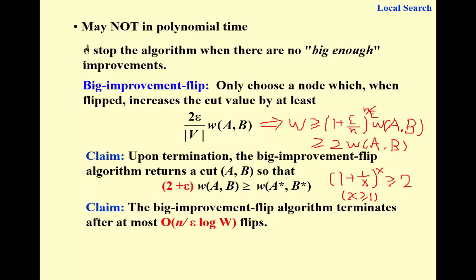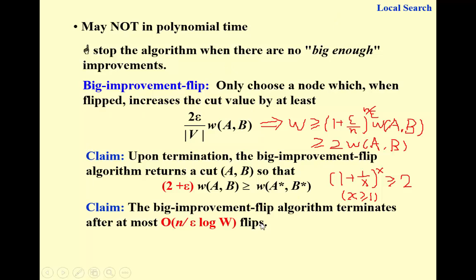So taking epsilon being smaller than n, we can conclude that this is greater than or equal to 2 times the original weight. So in short, we have that for every n over epsilon flips, we can double the weight once, right? And since the total weight is that capital W, obviously we cannot keep flipping forever.